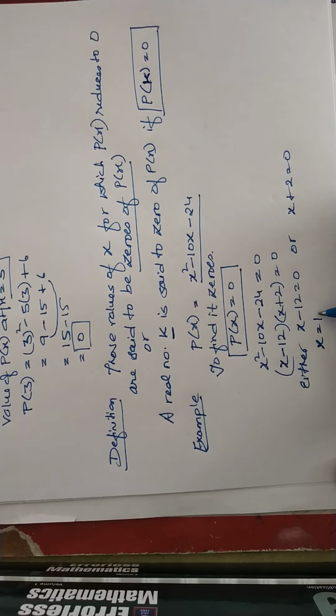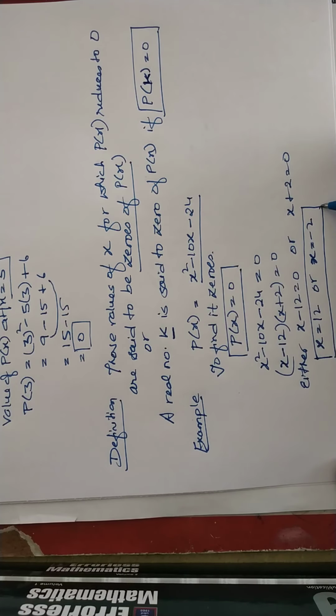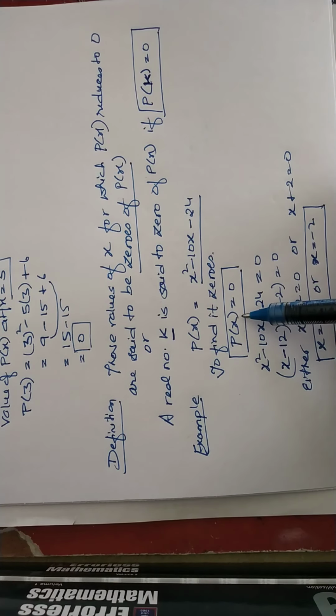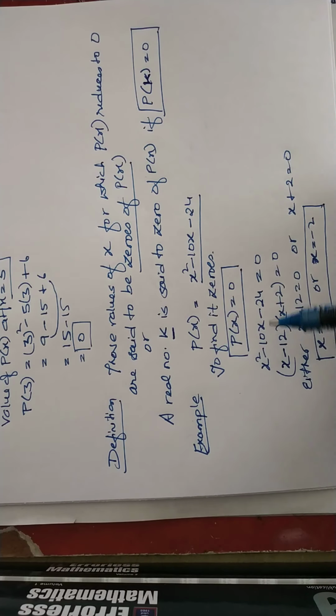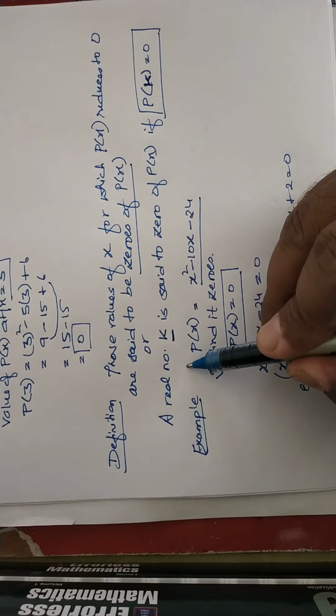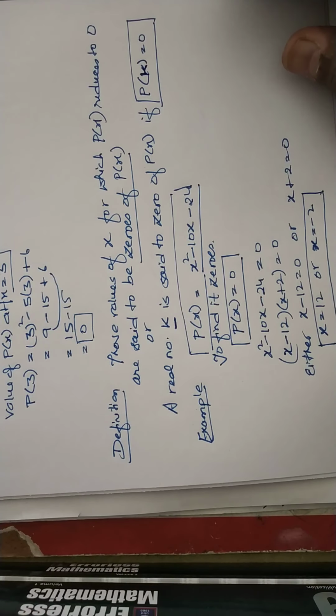So x equals 12 or x equals minus 2. So 12 and minus 2 are the two real zeros of this polynomial, and these two values satisfy this equation. You can verify it also by replacing x by 12 in that expression. So this is about the zeros of the polynomial.